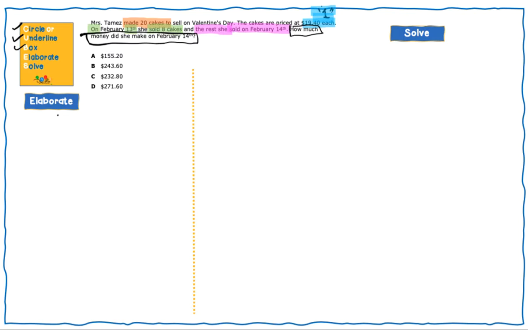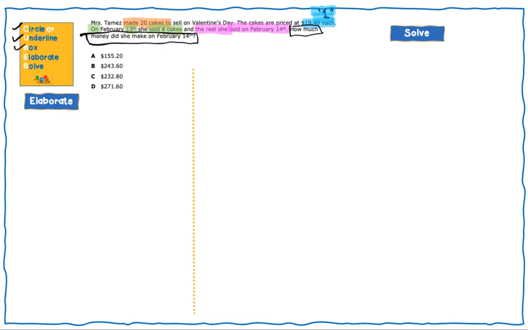I'm gonna come to elaborate, so I need to come up with a plan. The first thing we know is that she made 20 cakes. I don't have to make a fancy picture. In math, what is important is to make a representation of the situation, and for that we can always use sticks, circles, anything that is easy to draw.